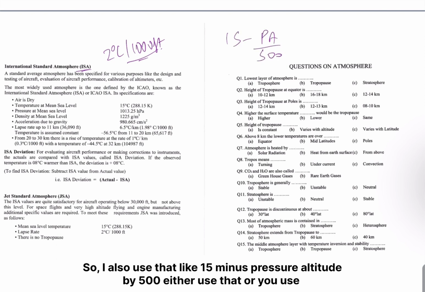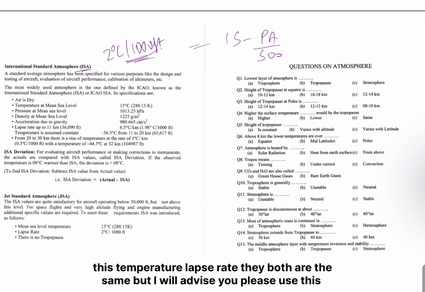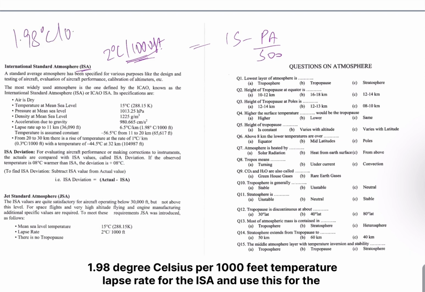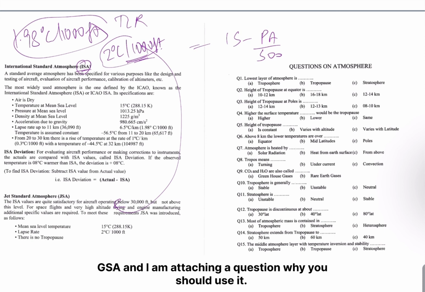Either use that or you use this temperature lapse rate. They both are the same. But I will advise you, please use this 1.98 degree Celsius per 1,000 feet temperature lapse rate for the ISA. And I'm attaching a question to show why you should use it.